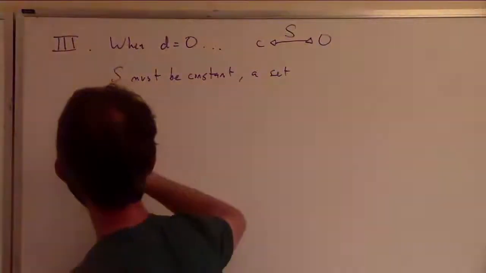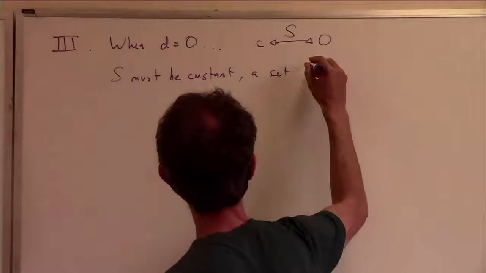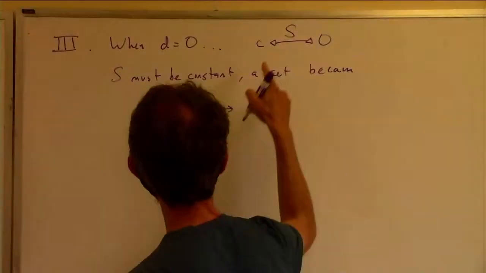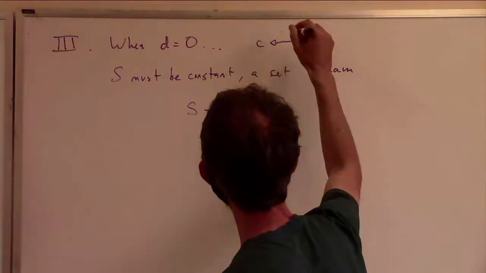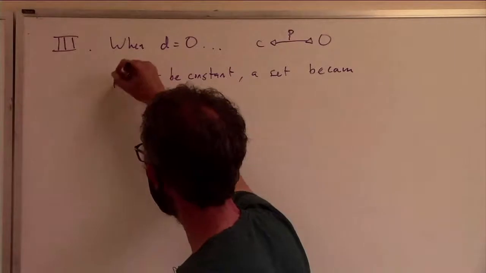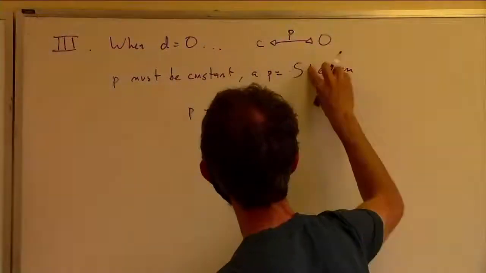So why? Because we have this map S. S is the name of a polynomial. I guess I should call it P really quick, but in a second we'll see that P has got to be P equals S for S a set.